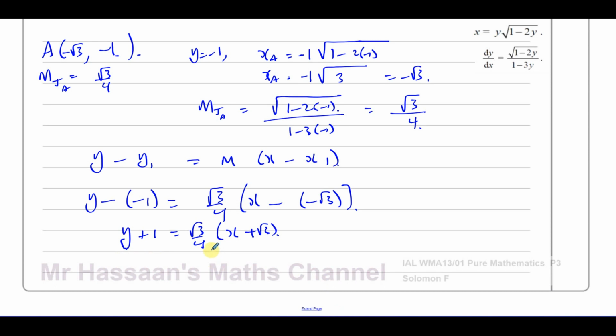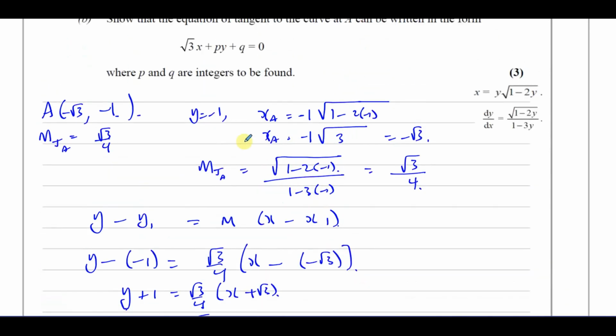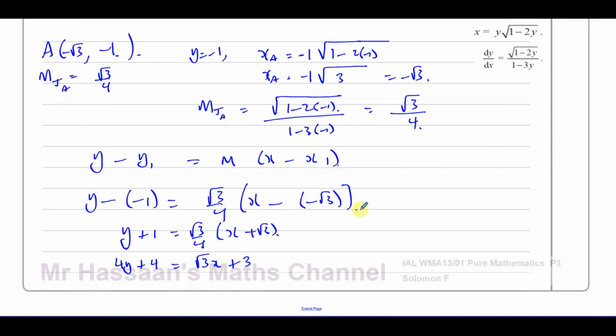The next step is we're going to multiply both sides by 4 to get rid of this, and we can also expand this bracket. So we have 4 times y and 4 times 1 equals root 3 times x and root 3 times root 3, which is 3. And then we can write it in the form that they want. We will keep this as positive. So we'll have root 3 x, and this will become minus 4y, and we have 3 minus 4, which is net minus 1, equals 0.